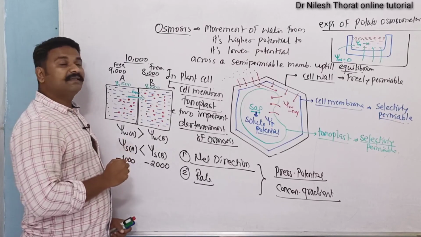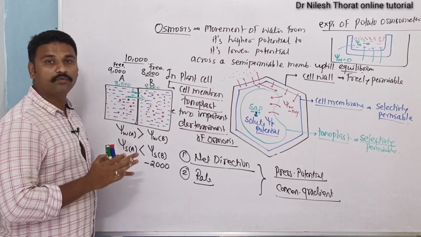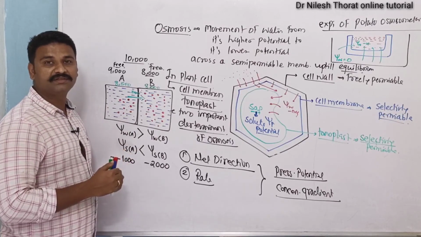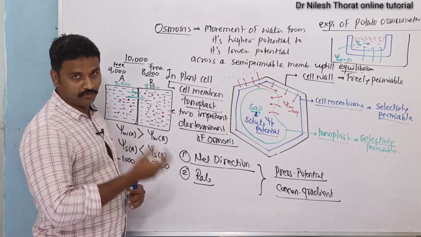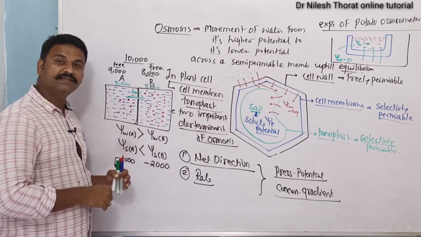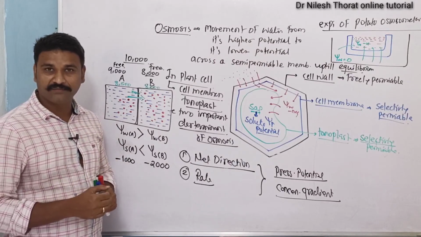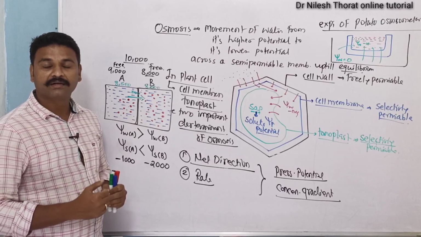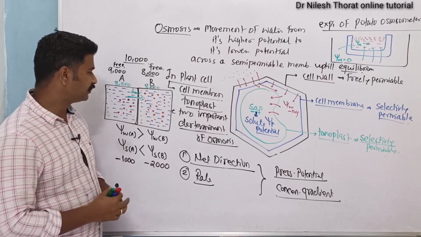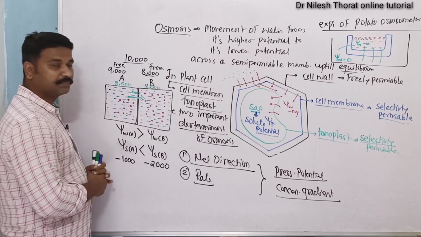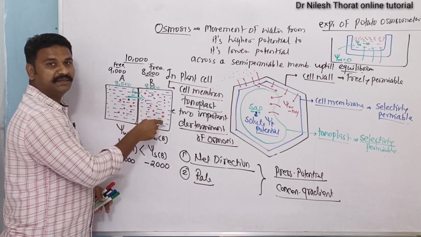In case of water potential, the water will always move from a system with higher water potential to a system with lower water potential. But in case of solute potential, the water will move from a system with lower solute potential to a system with higher solute potential. Do remember this point.